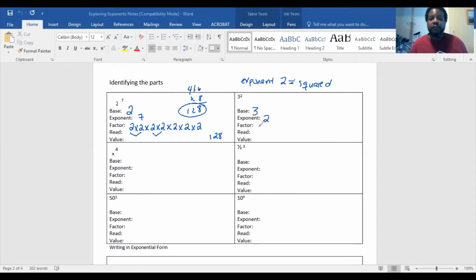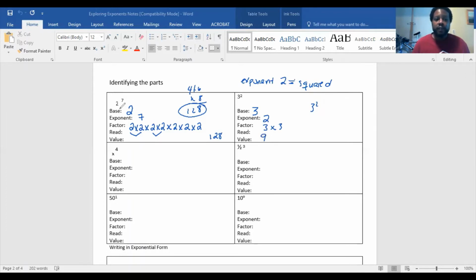So when I have the factor, it's just going to be 3 times 3, right? And that is read as, again, which I skipped in the last one, 3 squared or 3 to the 2nd power. That's what I read that as. And that value is 3 times 3, which is 9.